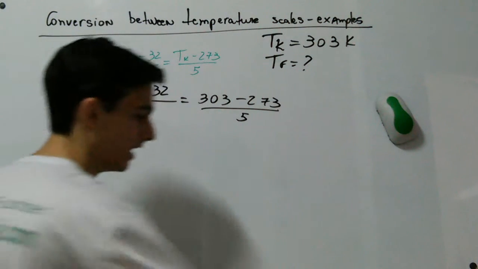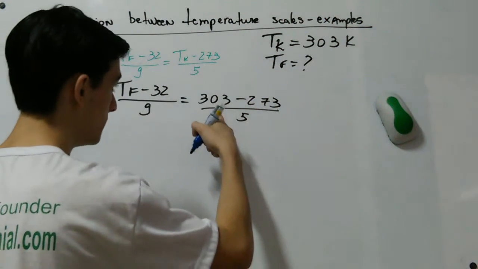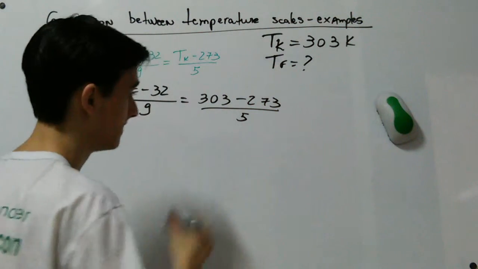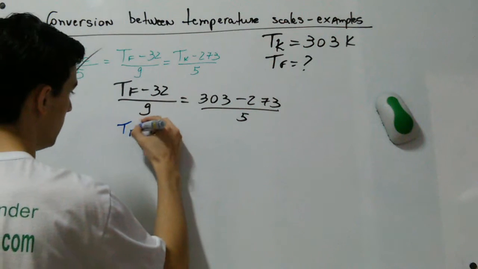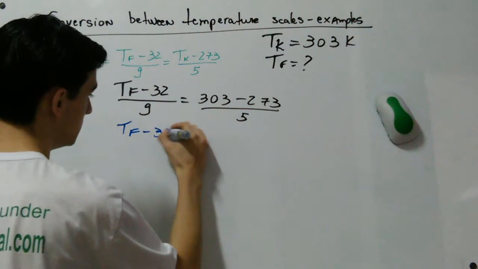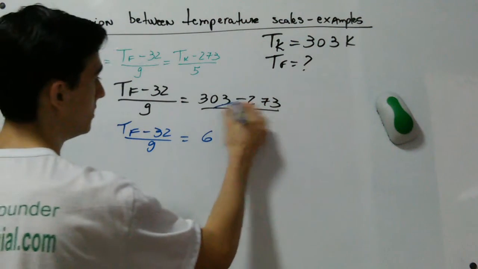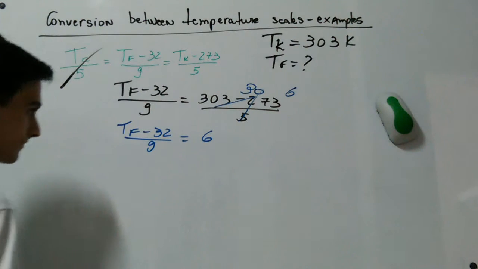So let's do that. You can see here, 303 minus 273, that's 30. 30 divided by 5 is 6. So this side of the equation is 6. We have that Tf minus 32 over 9 equals 6.